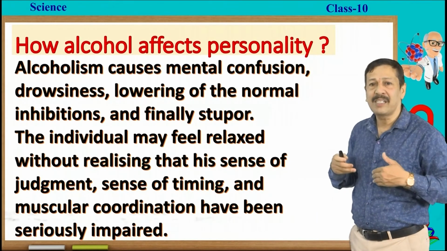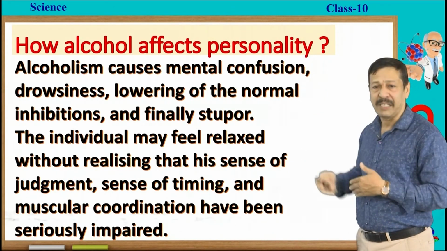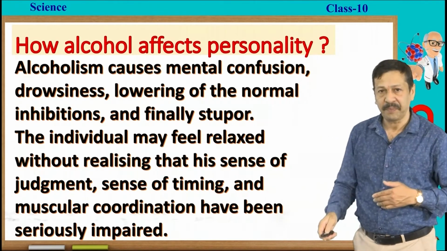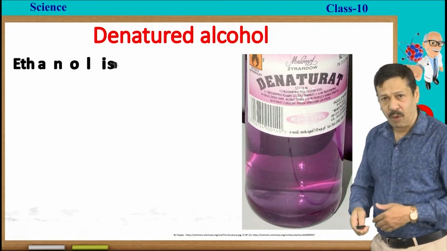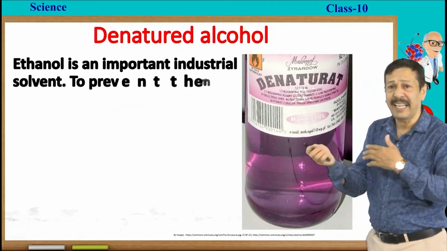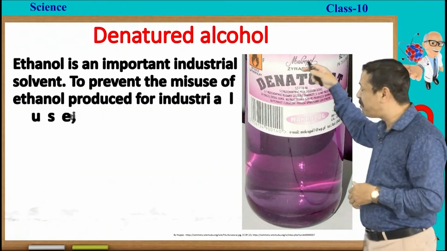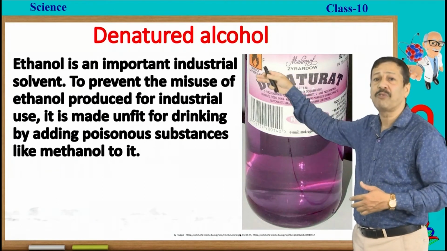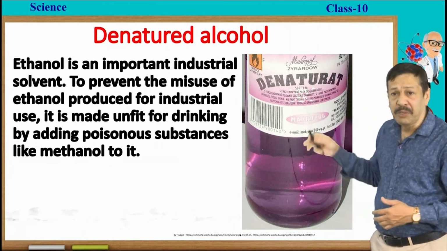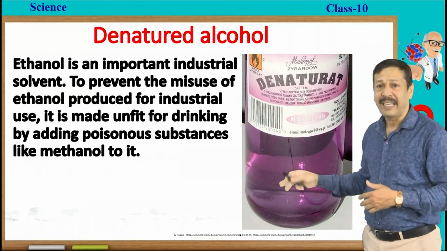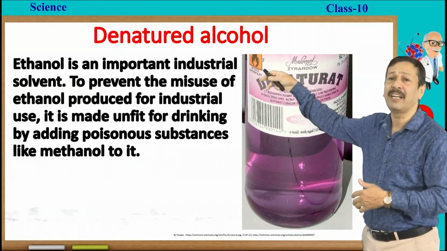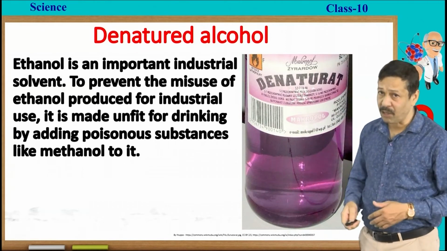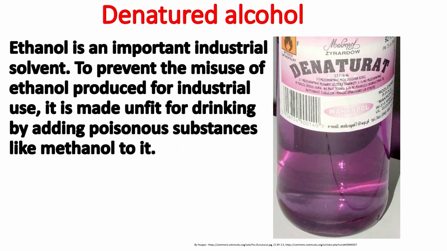It lowers our normal metabolic activities, it inhibits various biological activities. What do you mean by denatured alcohol? The name itself suggests denatured. Ethanol is a very important industrial solvent. To prevent the misuse of ethanol produced for industrial use, it is made unfit for drinking by adding some poisonous substances like methanol, a very dangerous chemical.